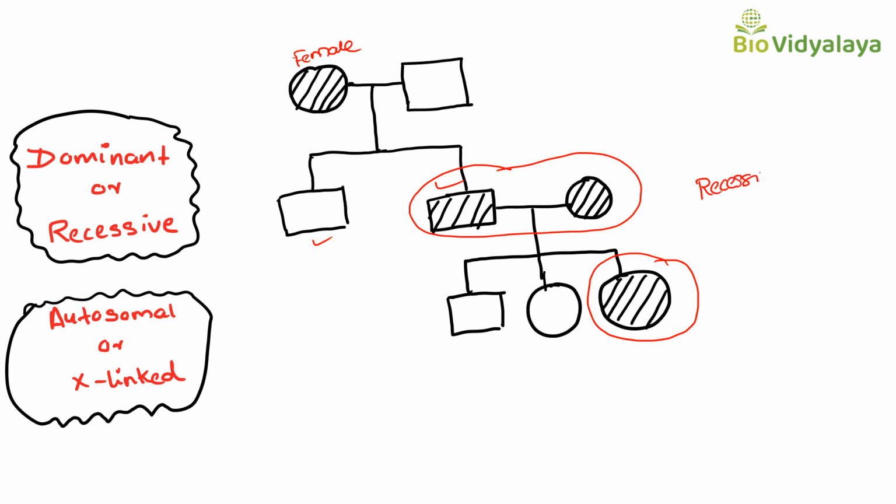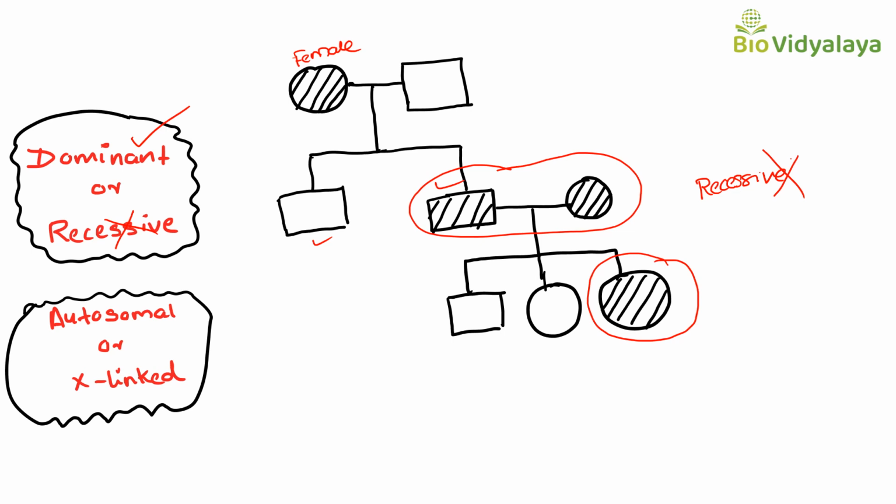Because if it is recessive, then all the offsprings of this affected parent should be affected. If both the parents are affected, all the kids should be affected in recessive pedigree. That's why this is not recessive pedigree. This is dominant.